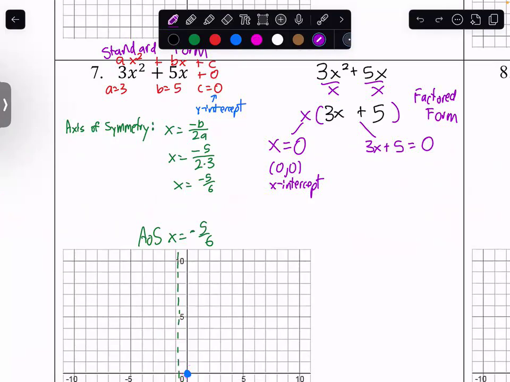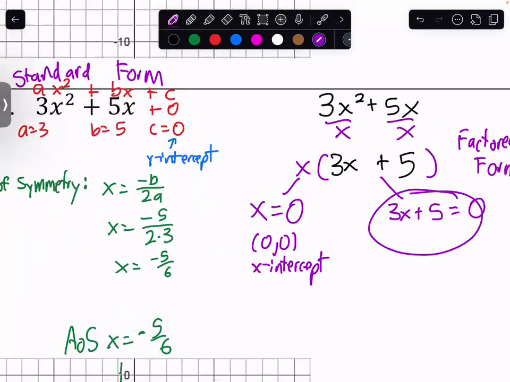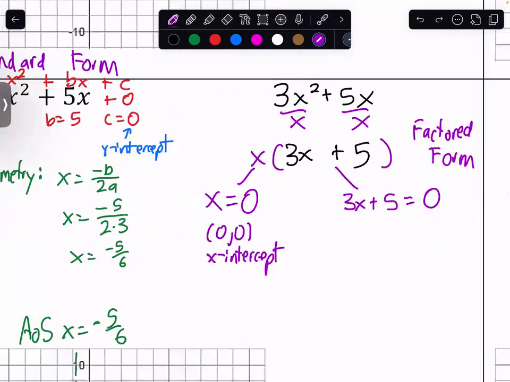But this one's going to be a little bit different. To get the x by itself, we need to get rid of both the 3 and the plus 5. So let's undo the plus 5 first. You do the opposite or the inverse operation, which is subtracting 5 from both sides.